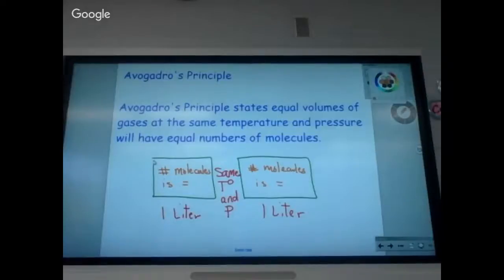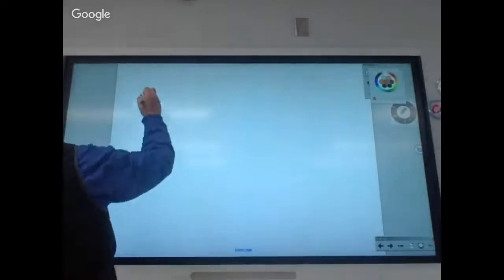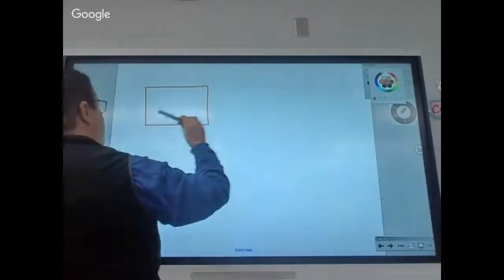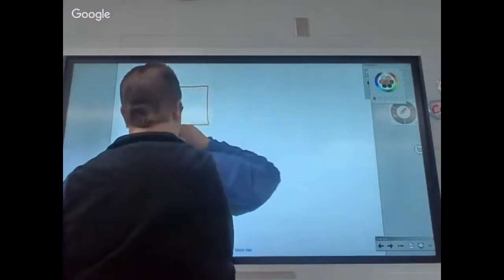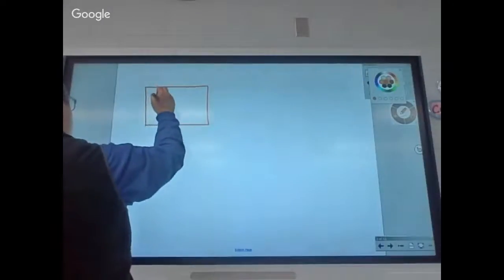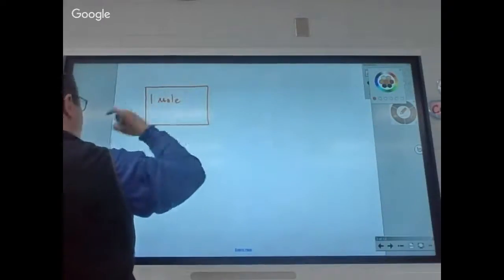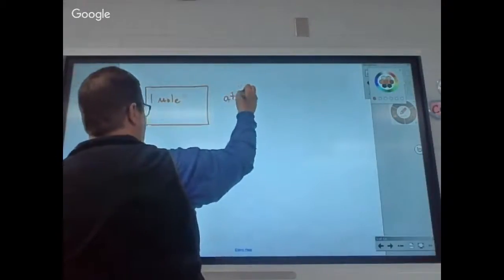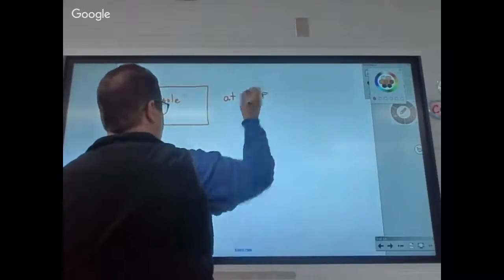All right. He went a little further, because Avogadro is special. So, suppose he takes a container and he puts 1 mole inside. Okay? And he does it at STP.